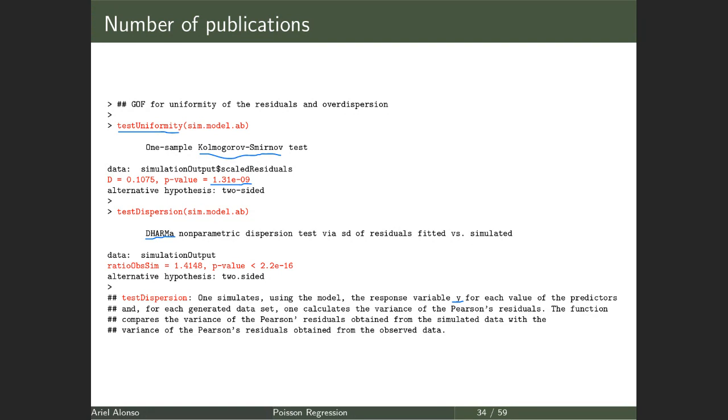The function compares the variance of the Pearson residuals you obtain from the simulated data with the variance of the Pearson residuals you actually observe. By doing that, you can get an idea if the variance you predict with the model is smaller than the real variance or larger than the real variance.